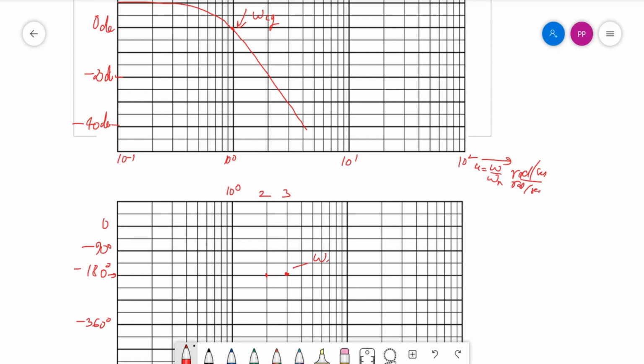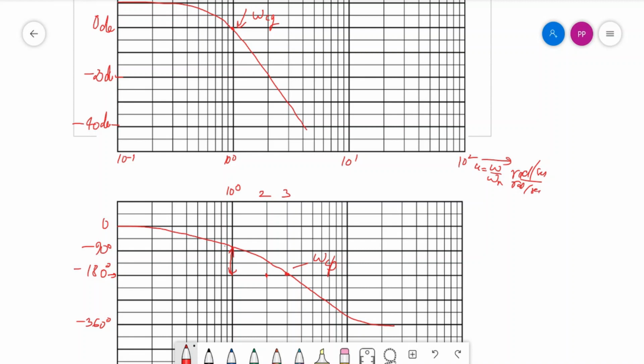Now here I am getting the omega crossover phase. So suppose some phase is changing like this, suppose it is going like this. In that case you see that at the gain crossover frequency, how much the plot is away from the minus 180 degree.